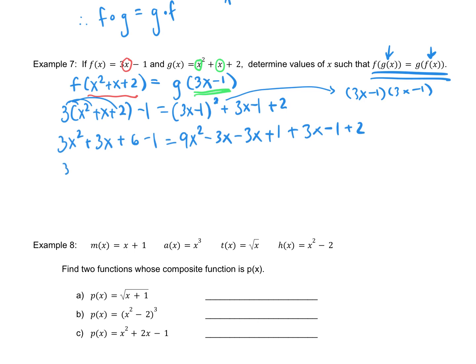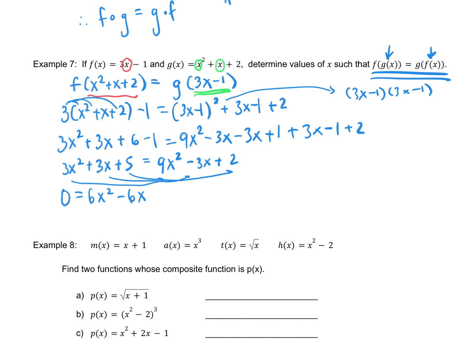And when you collect them, and even before you collect them, you should see that this is a quadratic equation at this point. And if it's quadratic, that means one side has to be equal to 0 so that we could solve for x. So I'm going to bring everything over to the other side. So 9x squared minus 3x squared, negative 3x minus 3x, and 2 minus 5.